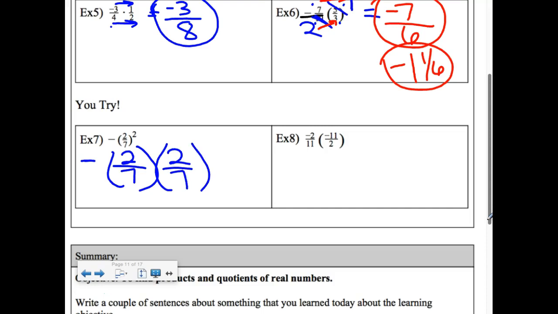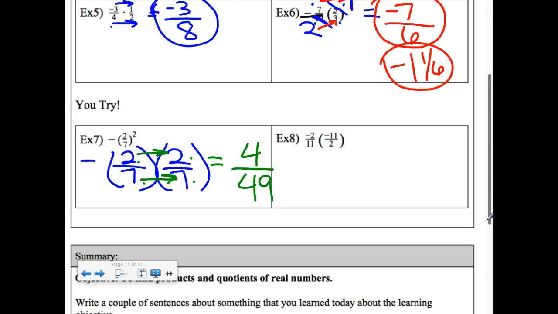I'm going to look. Can I take something from the 2 and the 7? I can't. There's nothing that divides into both of those. So I'm going to just multiply straight across. We know that 2 times 2 is 4, and 7 times 7 is 49.